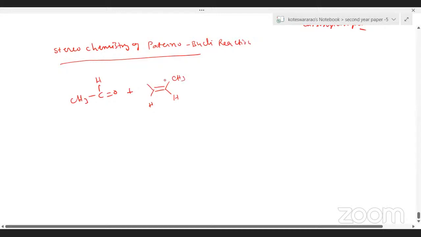This is 2-butene, cis-2-butene. Similarly, the same reaction is carried out with trans-2-butene.